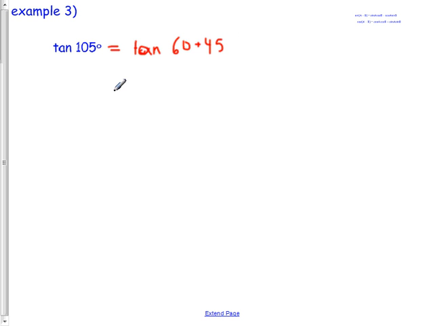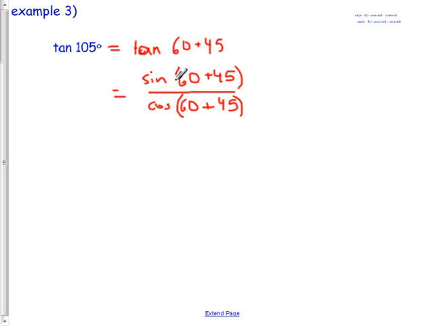So then that would equal a sine of 60 plus 45 over the cosine of 60 plus 45. So in this instance, you're going to want to break this up into two parts.